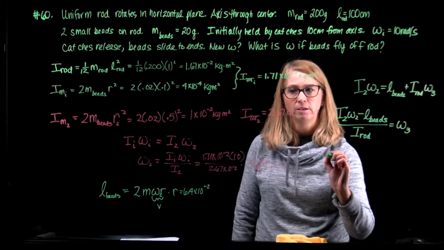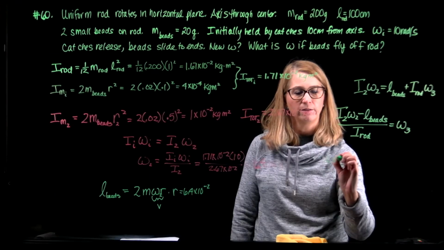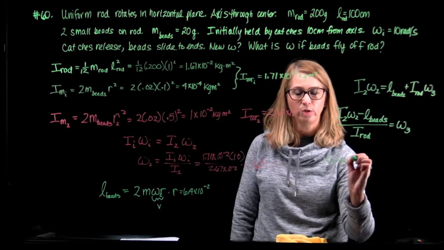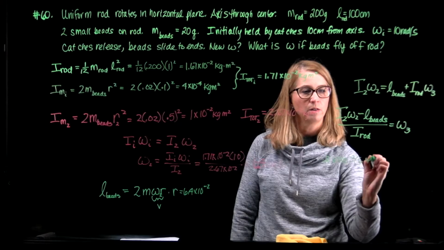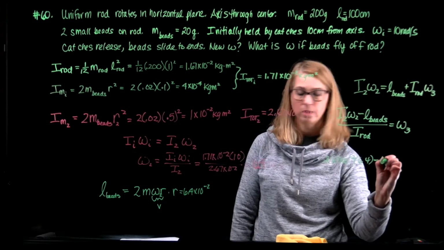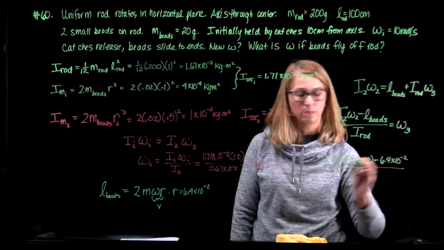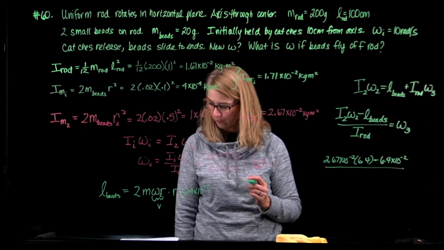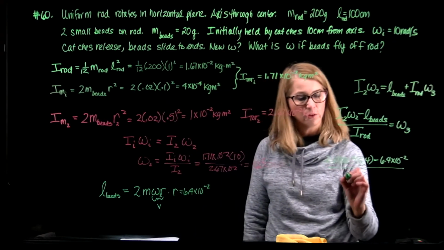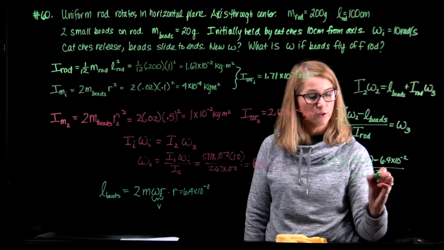So I'd have 2.67 times 10 to the minus 2 times 6.4 minus 6.4 times 10 to the minus 2, divided by the moment of inertia of the rod, which is 1.67 times 10 to the minus 2.